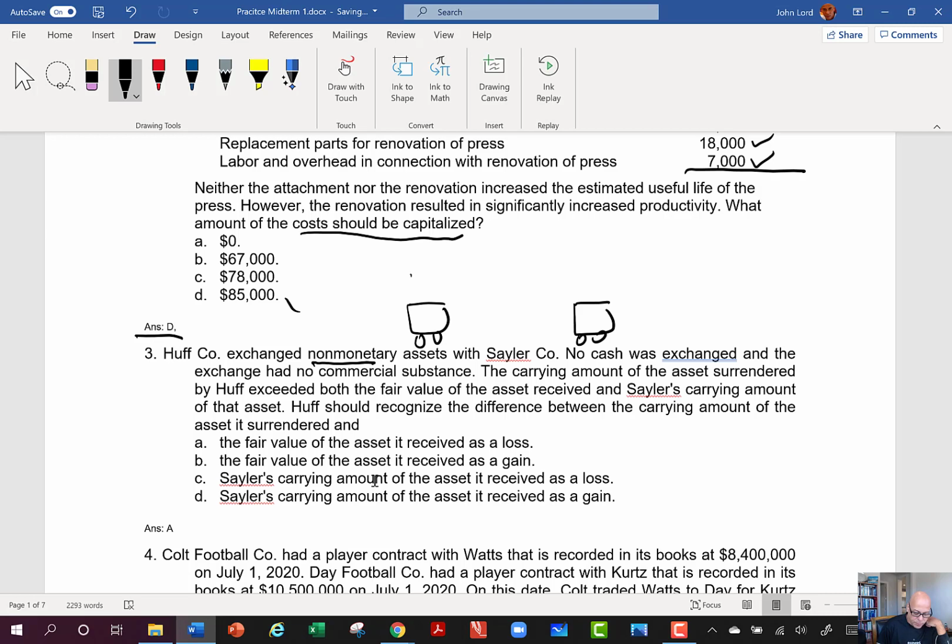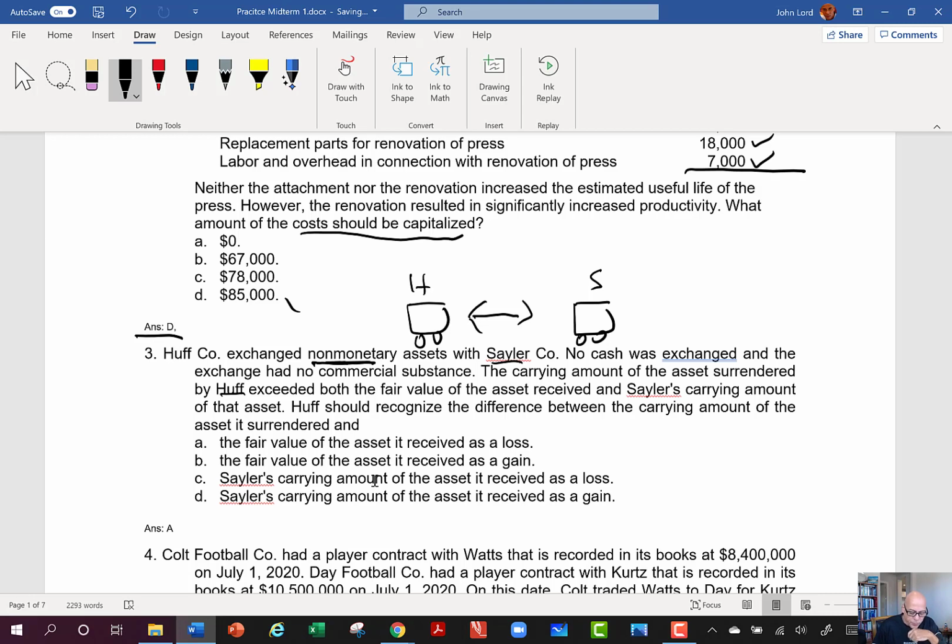One company has their equipment, and another company has their equipment. I'm using H&S because the 2 companies are Huff and Sailor here, and they're exchanging equipment for equipment. There may be some cash involved, but the fact that they have called this non-monetary assets means cash is not going to constitute a major part of this transaction, and we're going to have to use our non-monetary transaction rules.